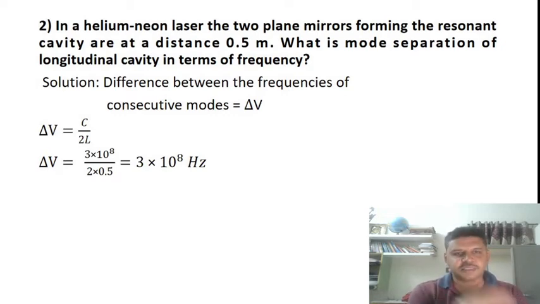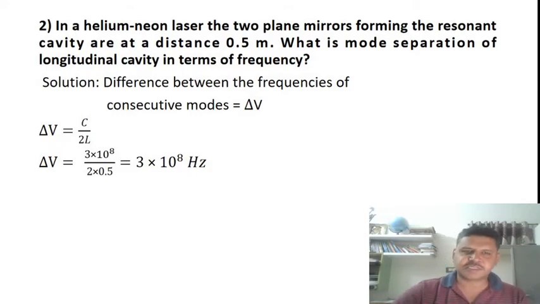Here they are given the distance, that is L is equal to 0.5 meter, and knowing this we have to calculate the frequency, that is delta nu. So for consecutive modes, delta nu is equal to c by 2L. C means velocity of light, 3 times 10 to the power of 8, divided by 2 into 0.5. It gives 3 into 10 to the power of plus 8 hertz.